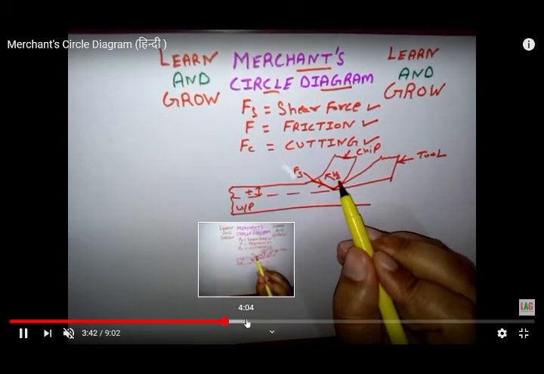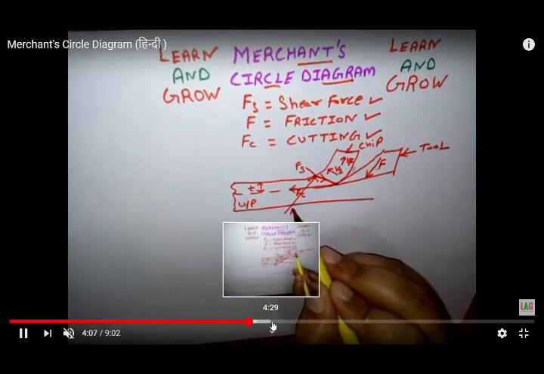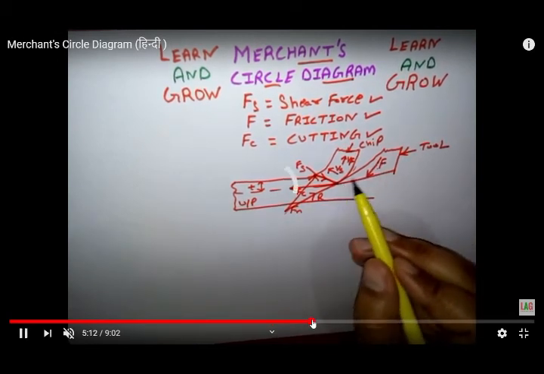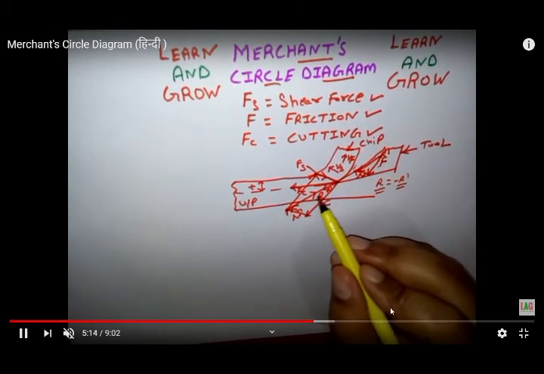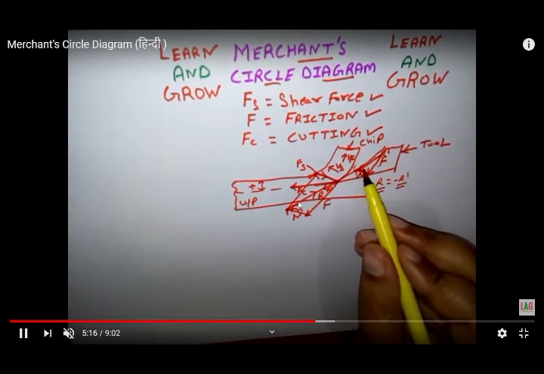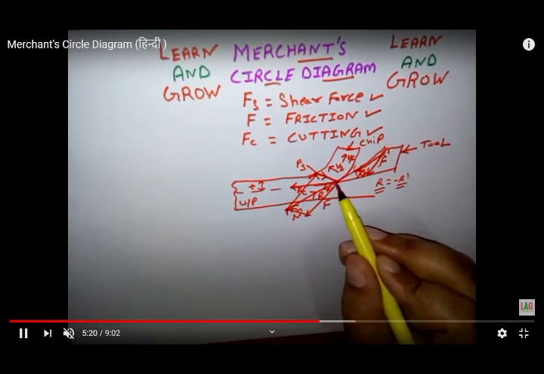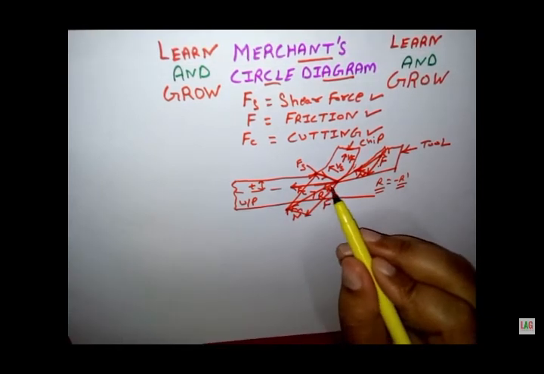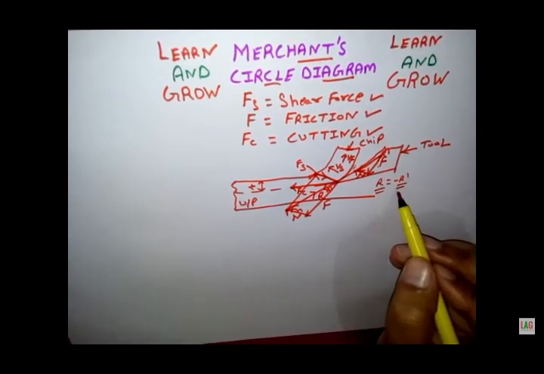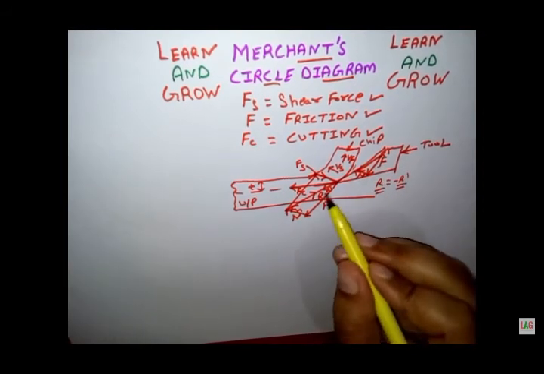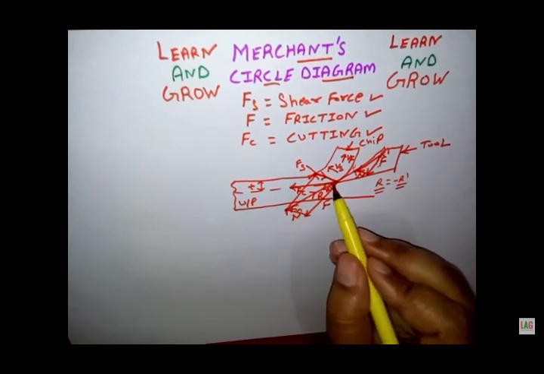We understand these forces in the Merchant circle diagram: Fs is the shear force, acting on the shear plane, and the cross-sectional area you identify easily.